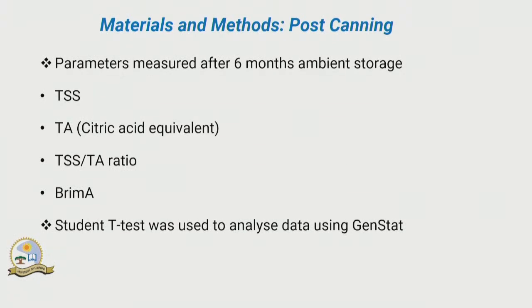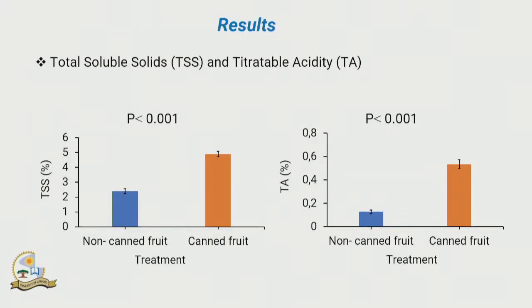We then determined the BrimA, which is sweetness minus acidity, and determines the sensitivity of the tongue to the total soluble solids compared to the sweetness. Because we had two treatments, we used the student t-test, and the GenStat software was used to determine whether canning had an effect.